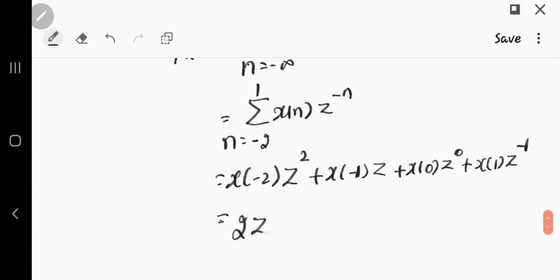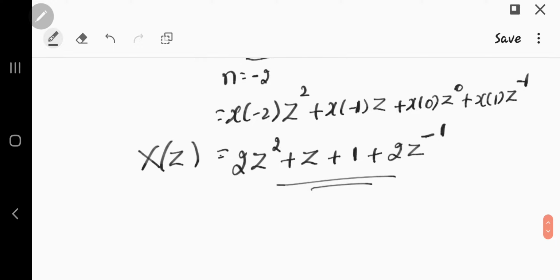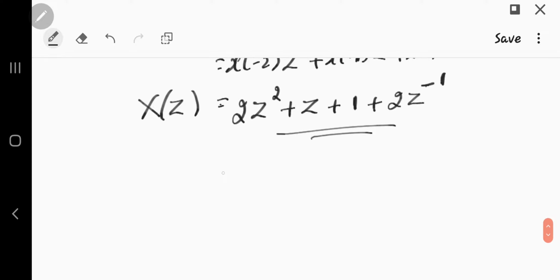So 2z square plus 1 into z is z plus x of 1 into 1 is 1 plus 2z inverse. So this is x of z. If you observe this, we have positive time sequence and negative time sequence. So the positive time sequence is z is greater than 0 and the negative time sequence is z is less than infinity.